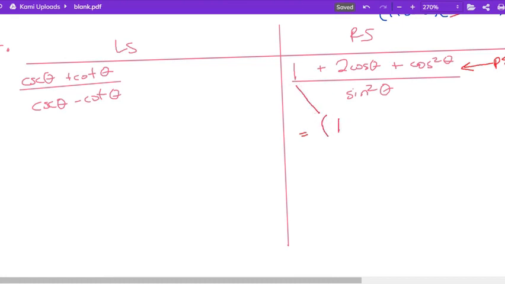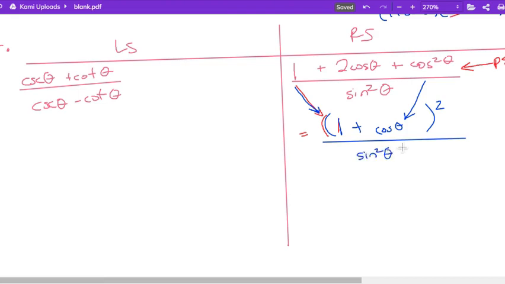So what's the square root of 1? It's 1. What's the square root of cos squared? And then if the middle sign is a plus, that's a plus, and you add that. Okay, I just wanted to do that so everyone can see we can factor using a perfect square trinomial.